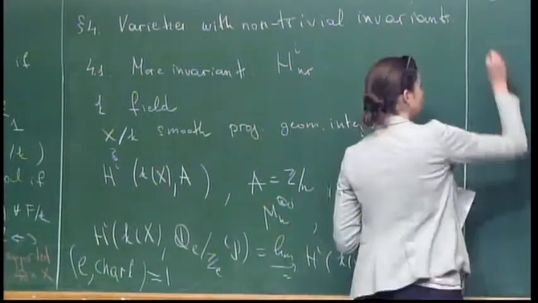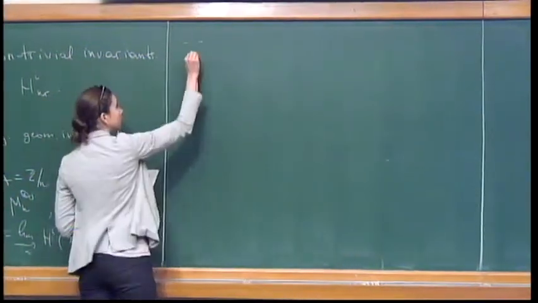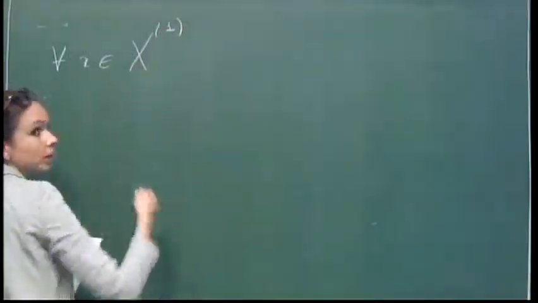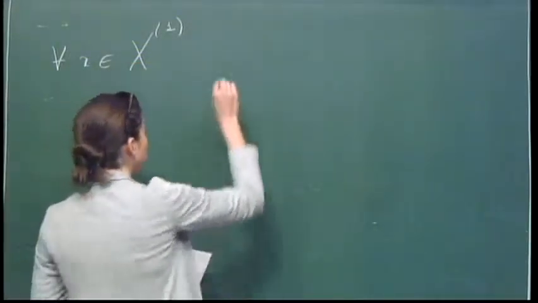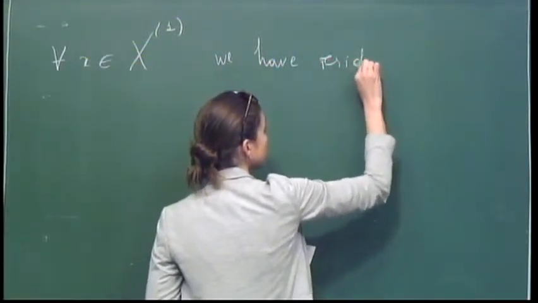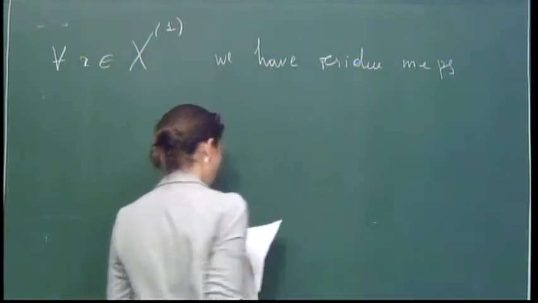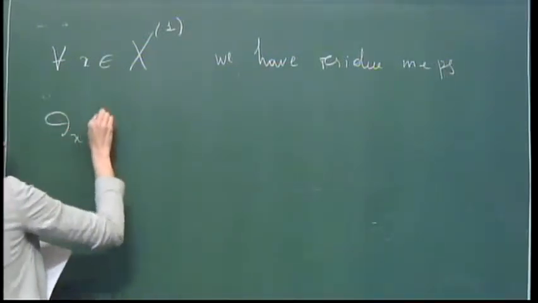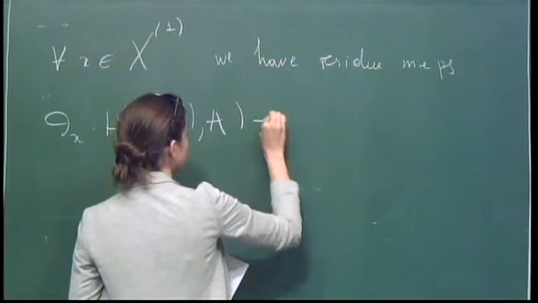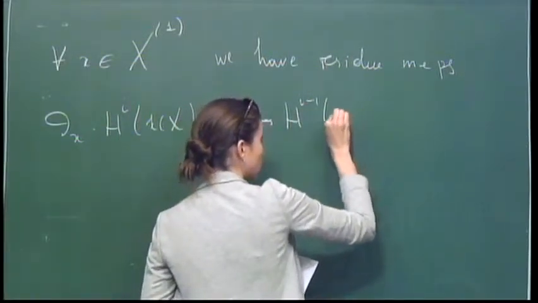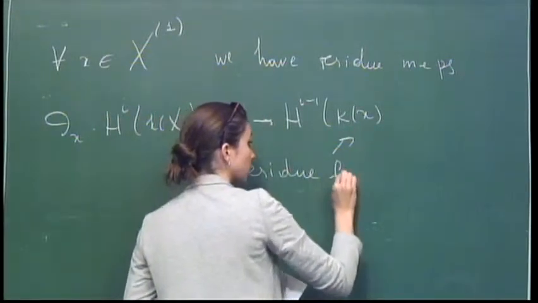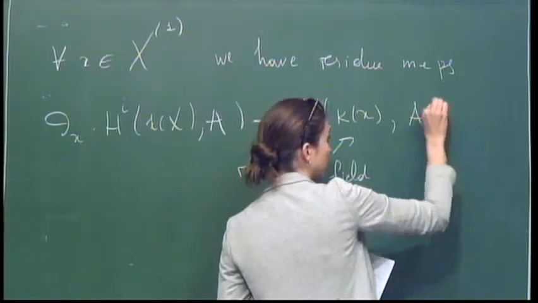So what happens is that for X smooth and projective, if I take a point of codimension 1, so a generic point of an irreducible divisor, then we have residue maps which go from these cohomology groups to the groups, also Galois cohomology groups, where we consider here the residue field, and we twist coefficients by -1.